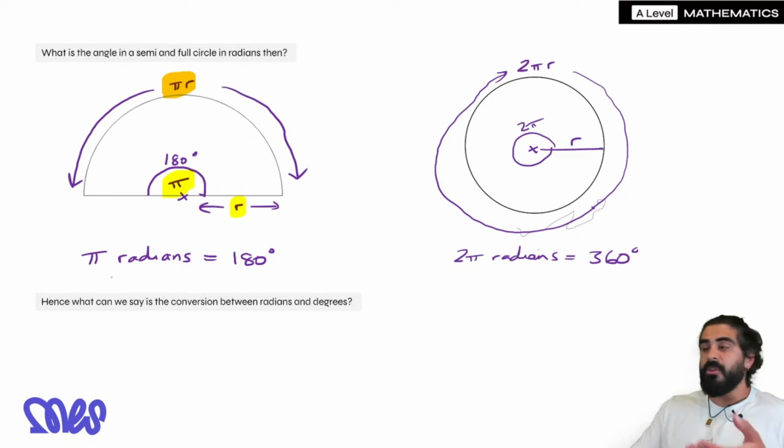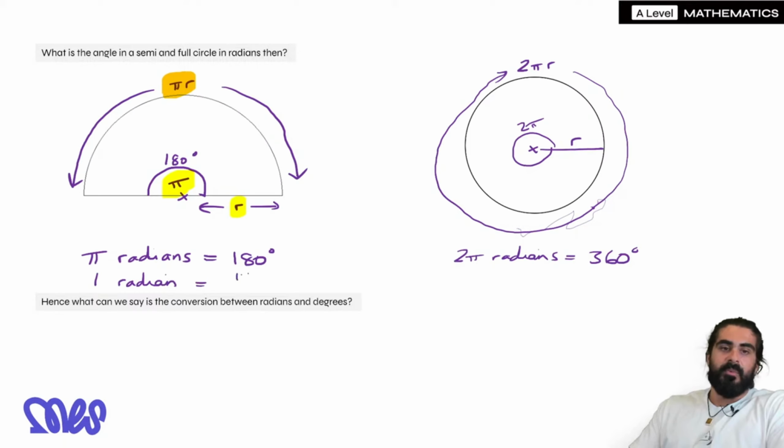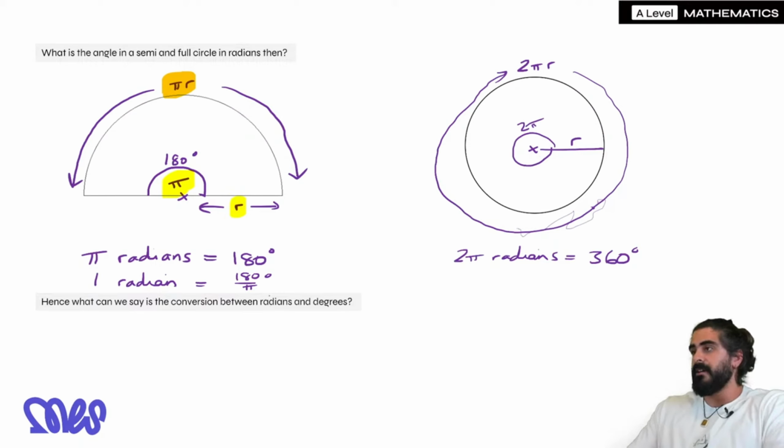Now, if I want to know what the conversion is from radians to degrees, all I need to know is what 1 radian is. Okay, well, what do you have to do to both sides to get 1 radian? You just need to divide both sides by pi. So if you divide both sides by pi, you'll get 1 radian is 180 over pi degrees. Yeah, very simple.